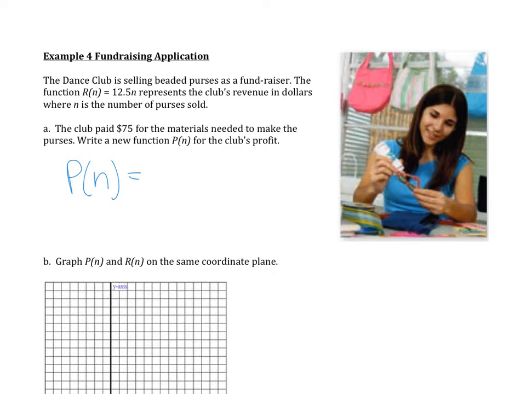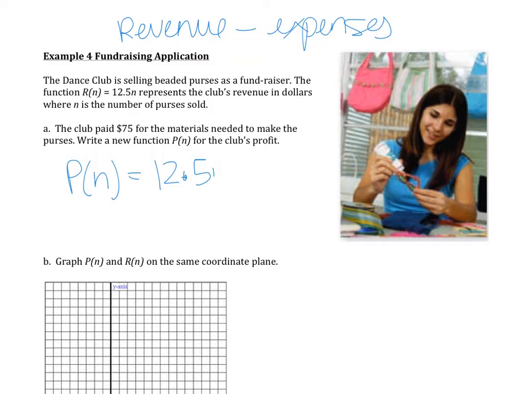Profit is revenue minus expenses, right? The amount of money you take in minus the amount that it costs you is how much you make in profit. So this is going to be just 12.5n minus the expenses.